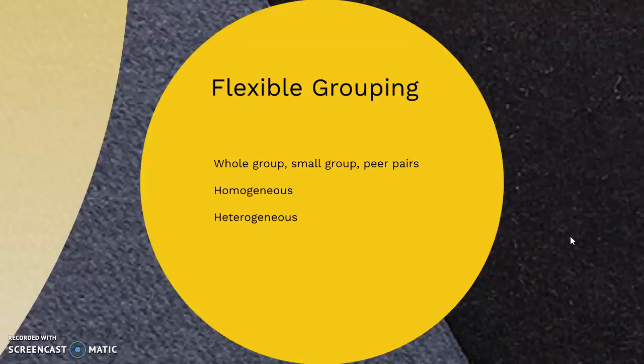Or you could do heterogeneous, which is where everybody in the group brings different skill sets. So the ones who maybe know a little bit more could help the other ones grow in what they know, and vice versa.